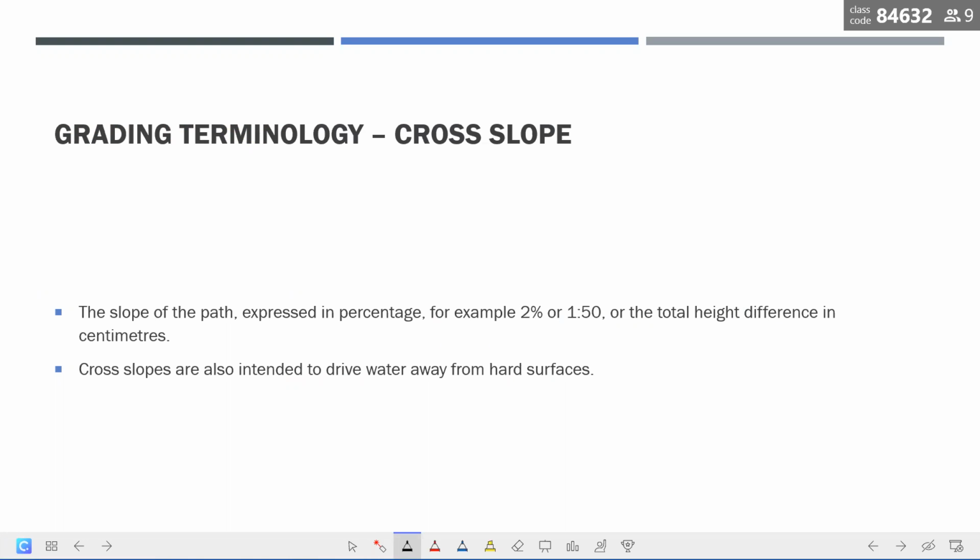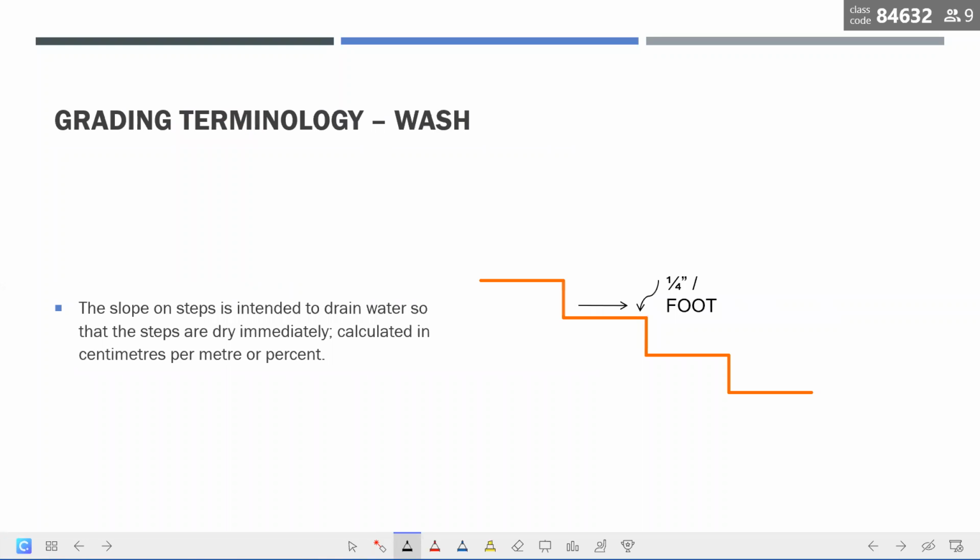For stairs, or steps, it's a different matter. It's called a wash. A wash is a slope on a step, so the steps are actually not entirely flat. It's a slope that you give to a step to drain water, so that steps can dry quicker once the rain stops. So usually there is a slight difference in elevation.